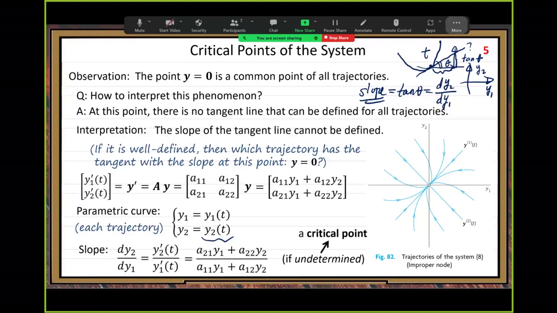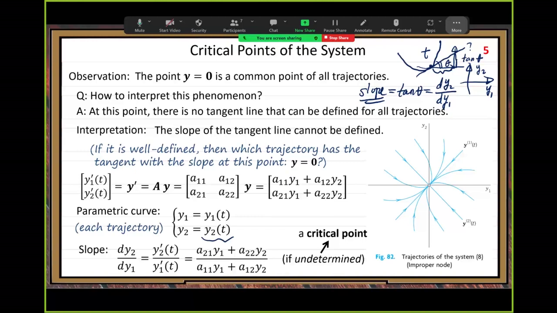The slope of any trajectory at this point is not defined, because you cannot get a valid number for the slope dy2 over dy1. That's the definition of a critical point.